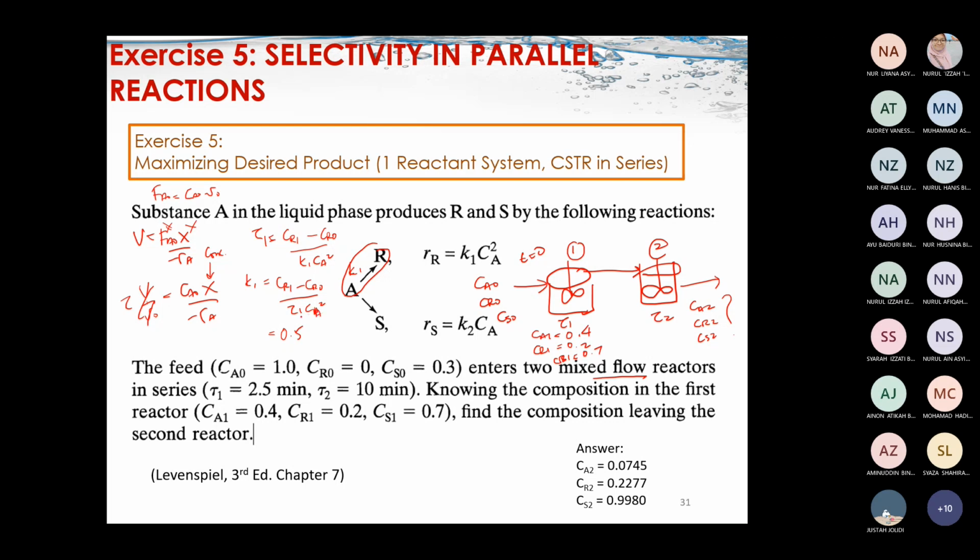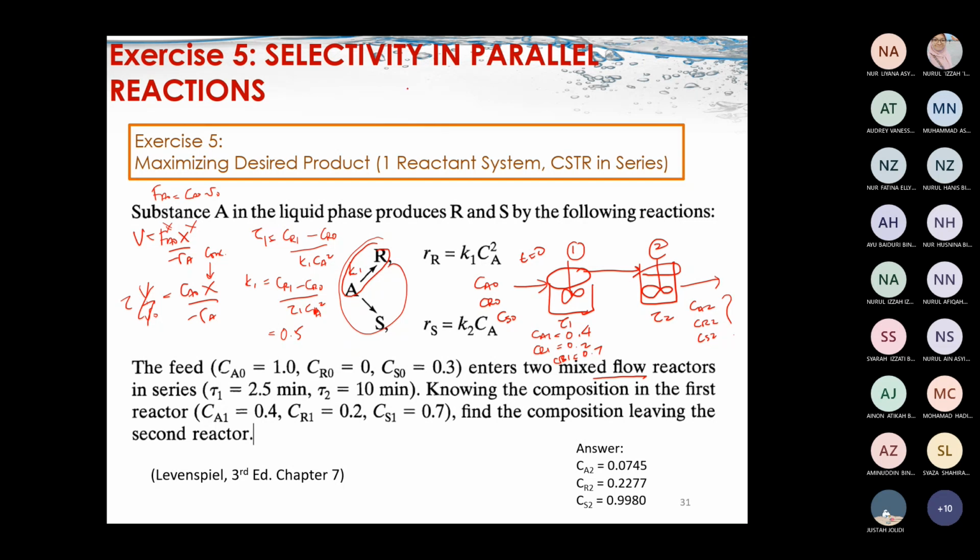All right, and then we also can measure for S, for K2. So from here, this is the first reaction that occurs, and then there is another set that also occurs here.